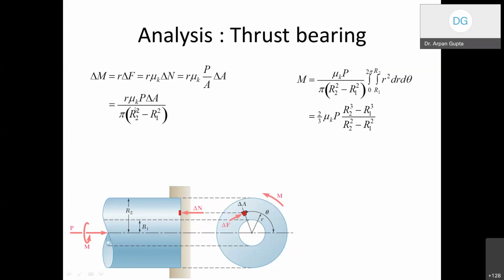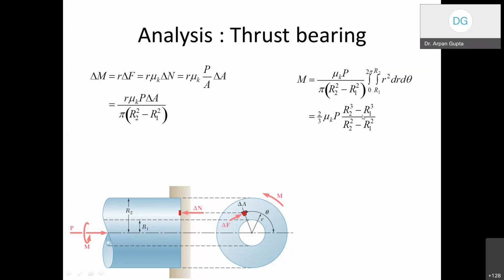So in the numerator, this dA term is r d theta dr, and therefore you get r square dr d theta. Other things are all constant, so they come out.